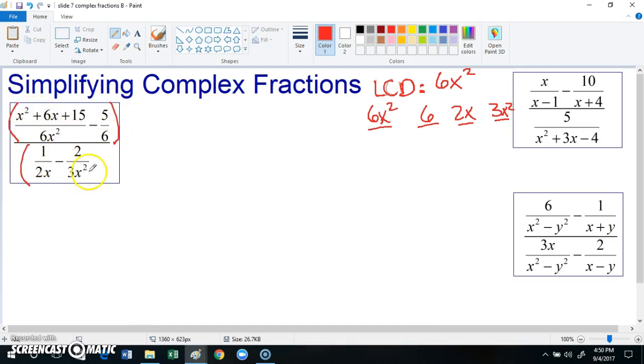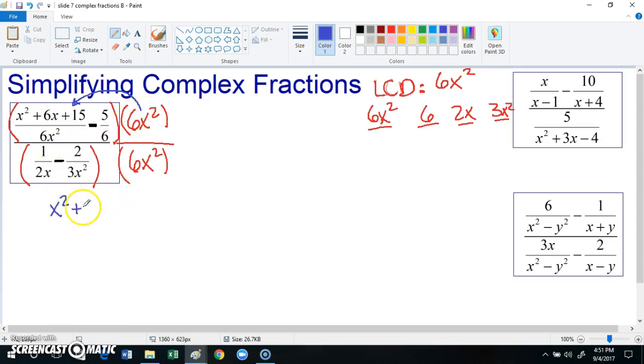What am I going to do? I'm going to multiply the numerator and denominator by 6x squared. Now, be careful, we are subtracting fractions in the numerator and the denominator. Let's multiply the first fraction by 6x squared. The denominator is 6x squared, so it's going to cancel with the 6x squared I multiply.